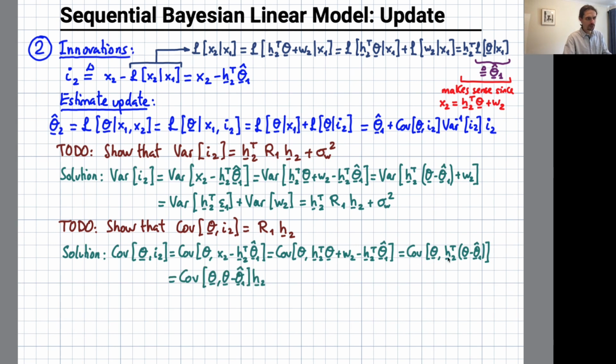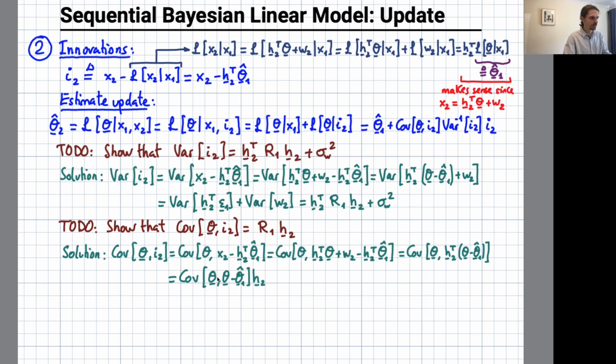Now, this H2 transpose comes out without the transpose, and what we find here looks pretty much like this. This R1 would be the covariance of theta minus theta 1 hat with itself.